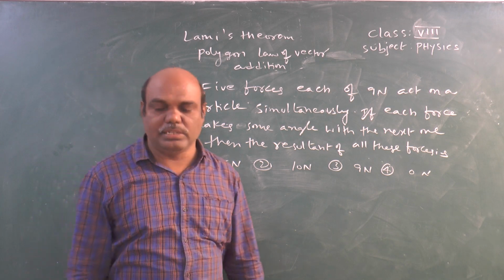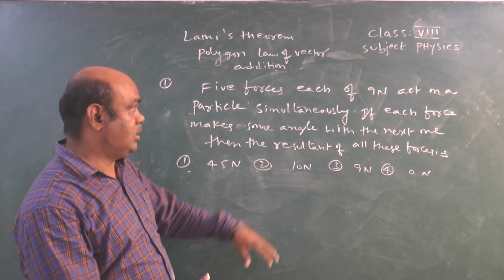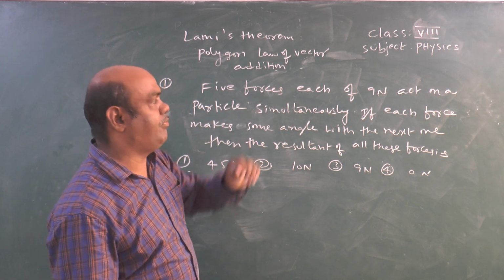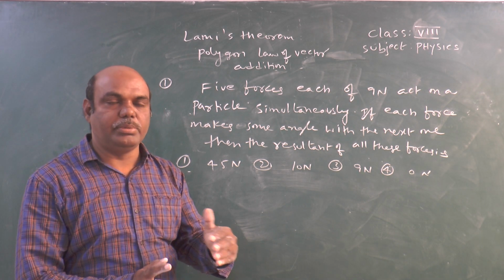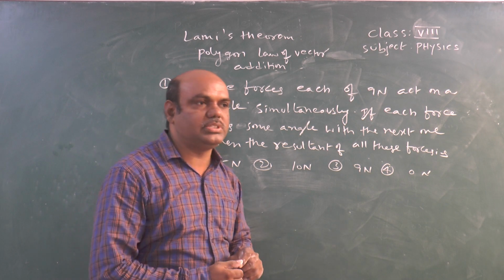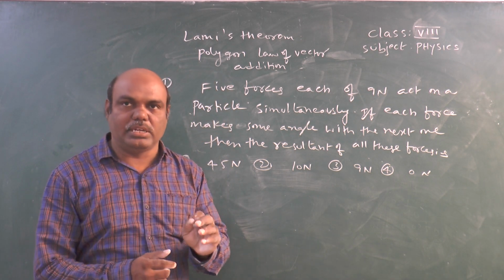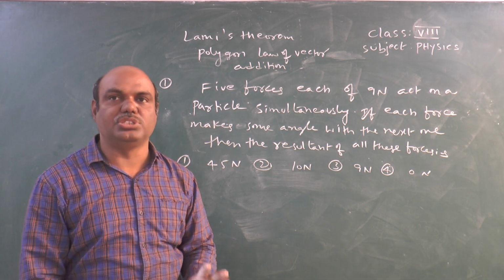So see here, in this problem, we have to identify the given number of forces. What is the angle between any two forces? If the angle between any two forces is obtained as an integer, then the resultant force will be 0.